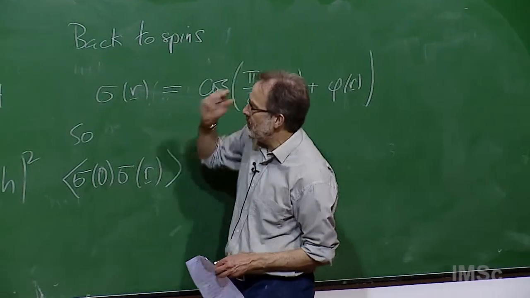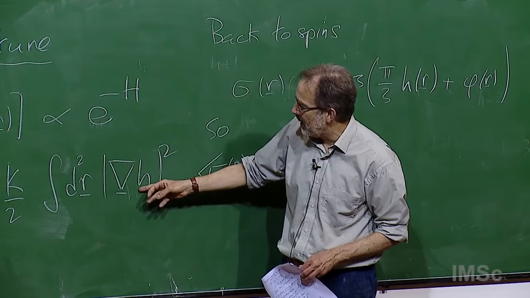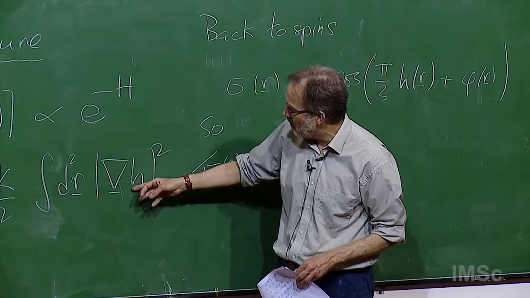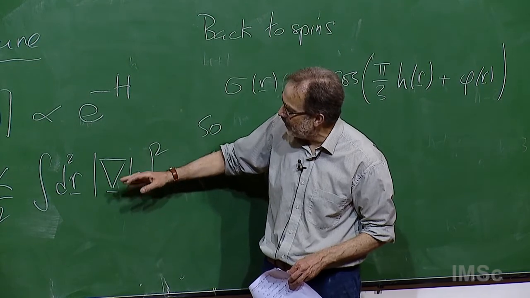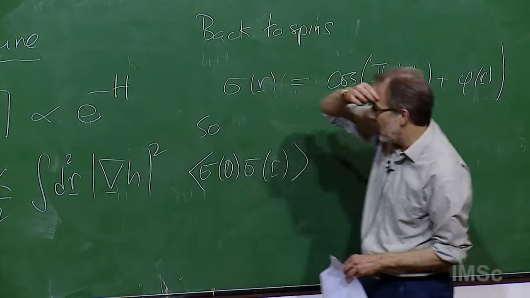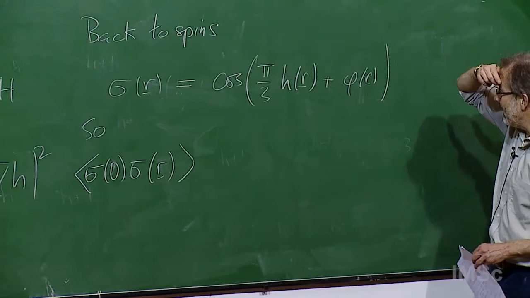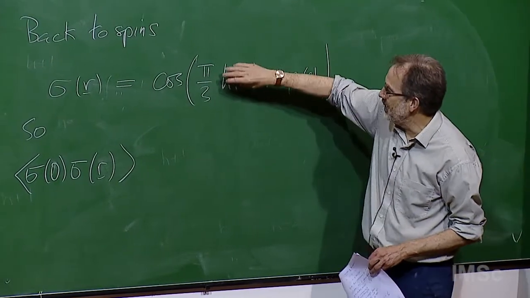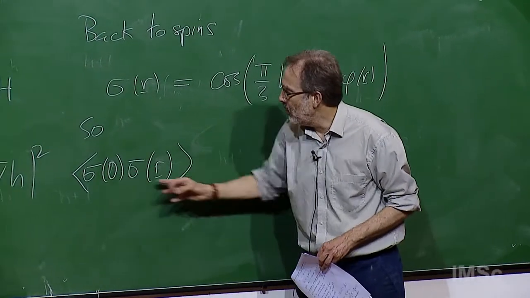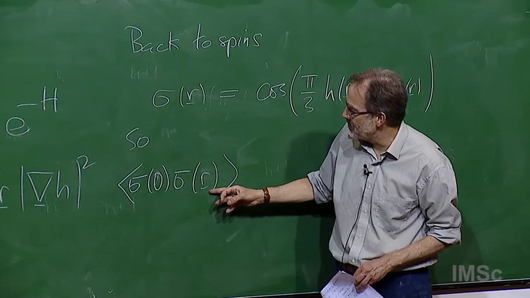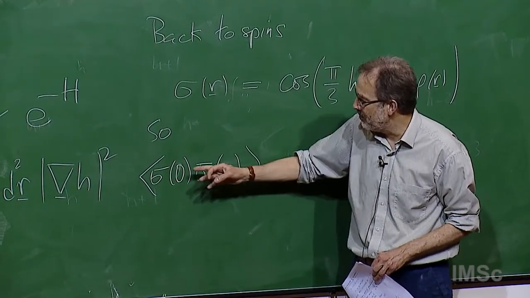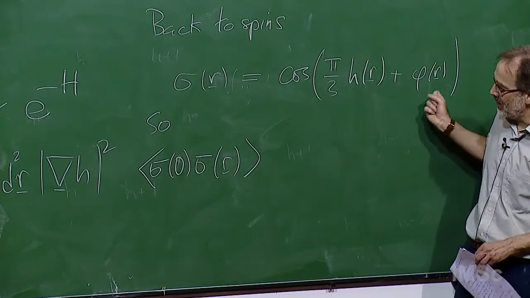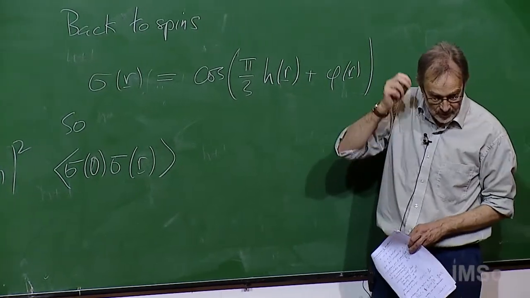And one thing that you see incidentally about this probability distribution for the height field is that it's invariant if we make a uniform translation of the height field. And that means that when we work out this average, the terms that contribute will be ones where we take a positive exponential from one of the cosines and a negative exponential from the other cosine.